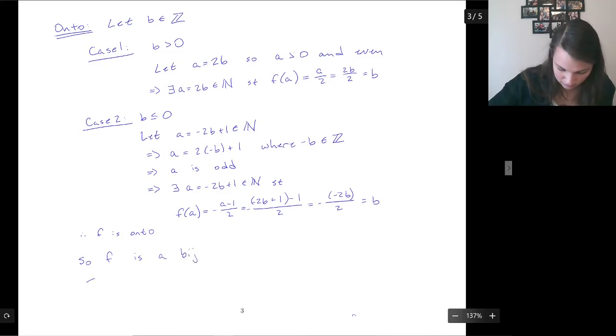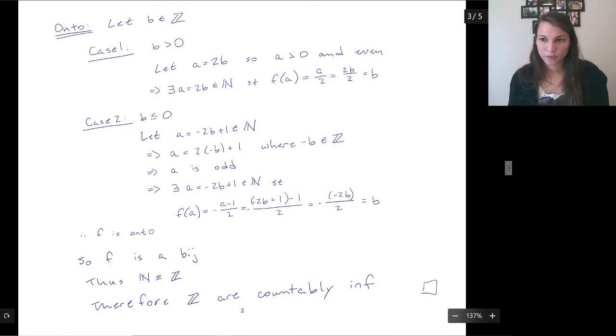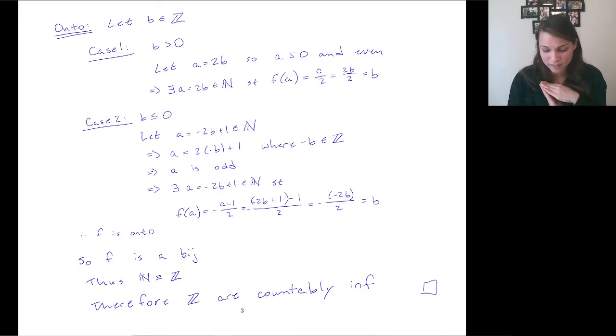That means I know that the natural numbers are equivalent to the integers, and then by definition of countably infinite, the integers are countably infinite. And we are all done. So that's proving something is countably infinite.